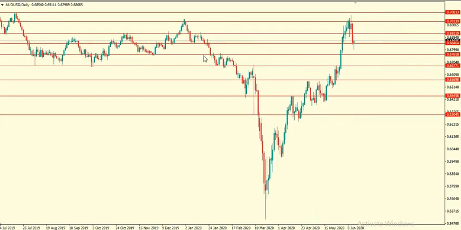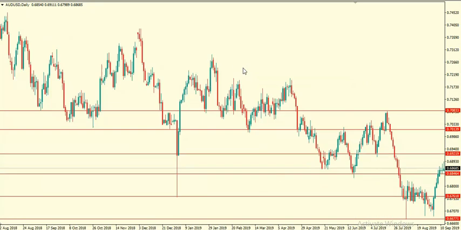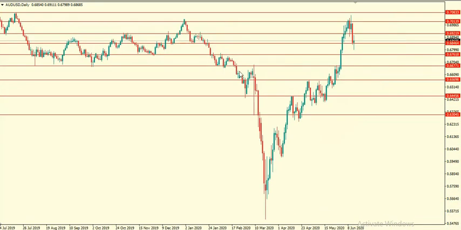So up next, let's go and identify the trend lines on this daily time frame. Firstly, I'll be drawing one from this low.